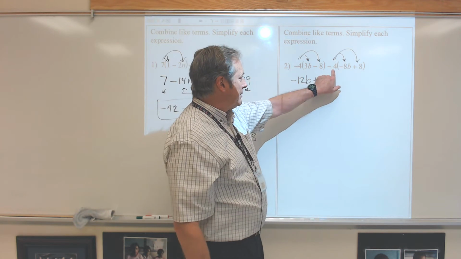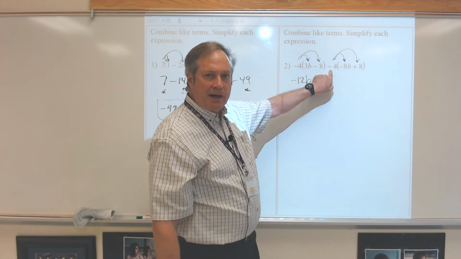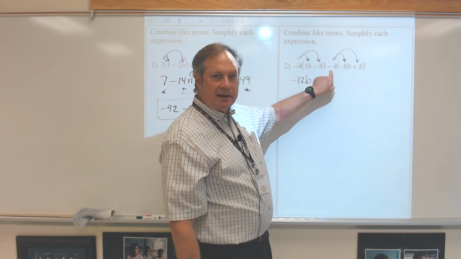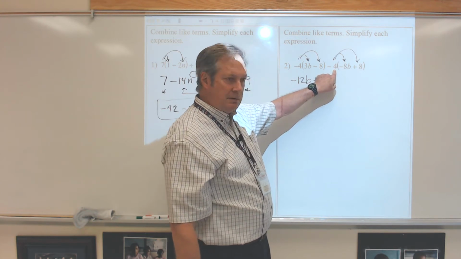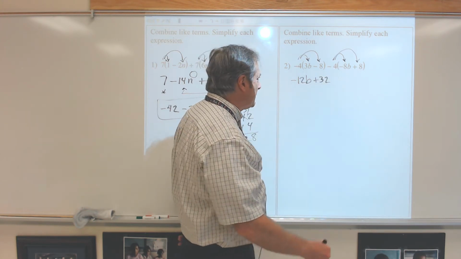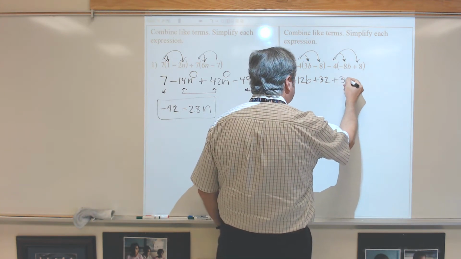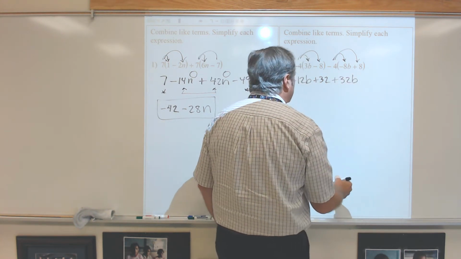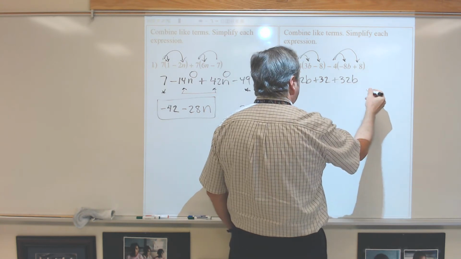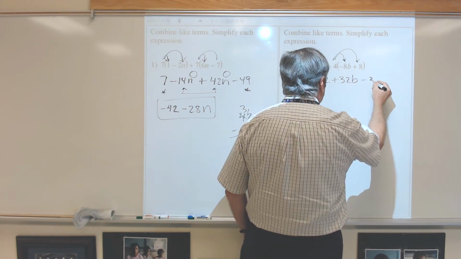Now we come over here. It is true that says minus, but at this point you want to treat that as a negative 4. So negative 4 times negative 8b is positive 32b. And negative 4 times positive 8 is negative 32.